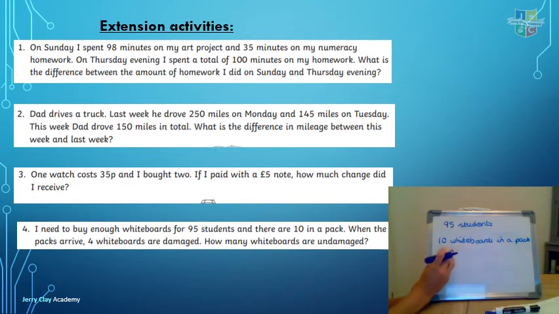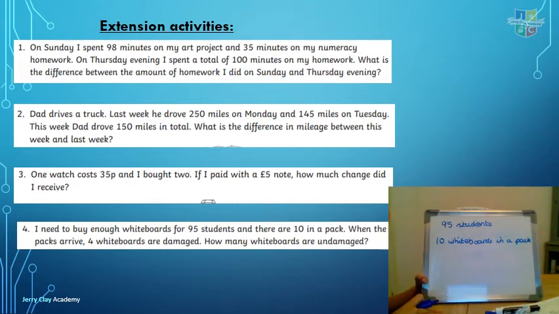So we're trying to find out how many are undamaged, but first of all, we need to work out how many whiteboards we need in total. If we've got 95 students and there are 10 in a pack, we want to know how many packs we need for everybody to have a whiteboard. So if we count up in tens, 10, 20, 30, 40, 50, 60, 70, 80, 90.